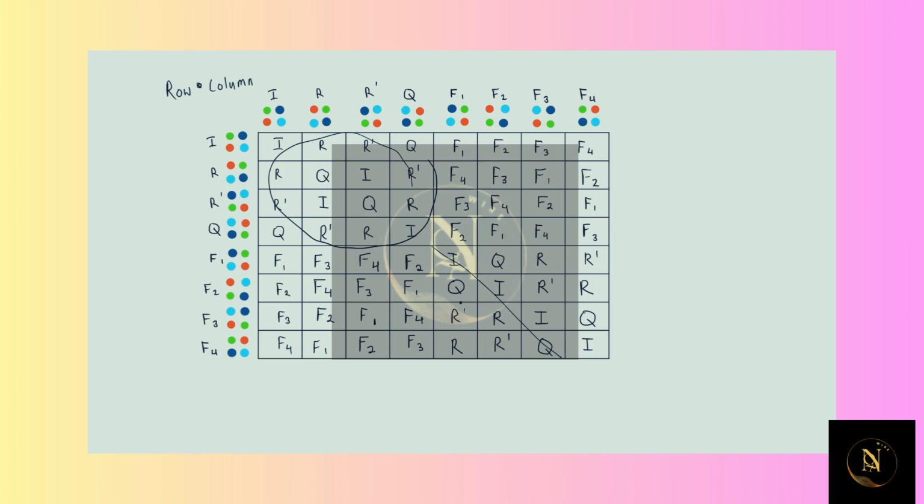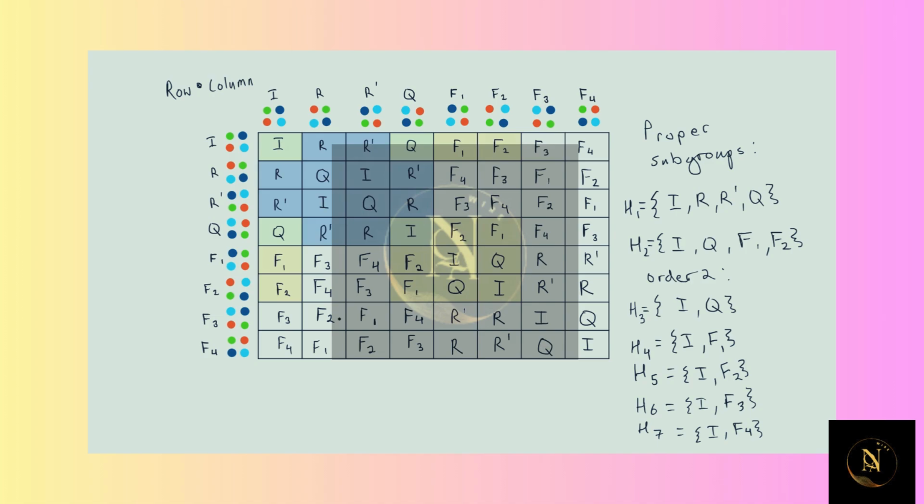And likewise, here we also get a subgroup. Here that's just highlighted, these two subgroups we get. We also have order 2 subgroups for each of the order 2 elements because those are going to be cyclic, and all of these are proper subgroups of the symmetry group.